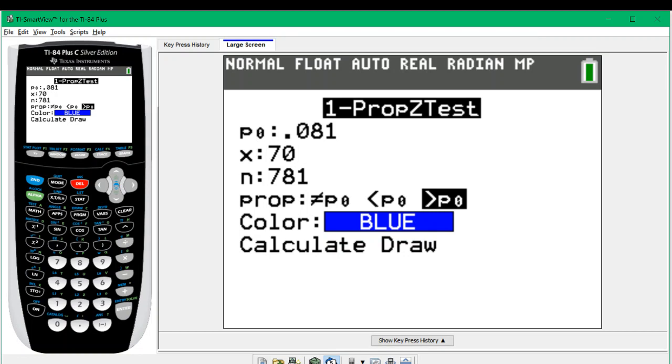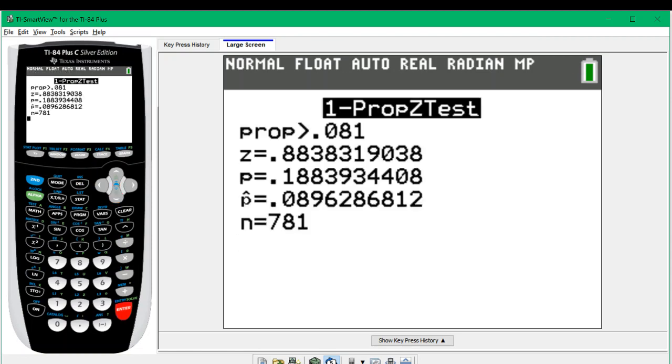Oh, no, p-hat is 0.188. All right, that looks a little bit better. For one thing, we do get the correct p-hat. That p-hat does look like 0.09, sorry.